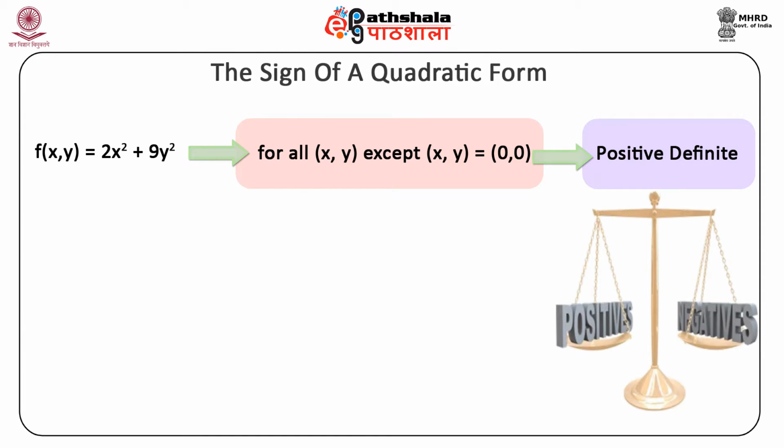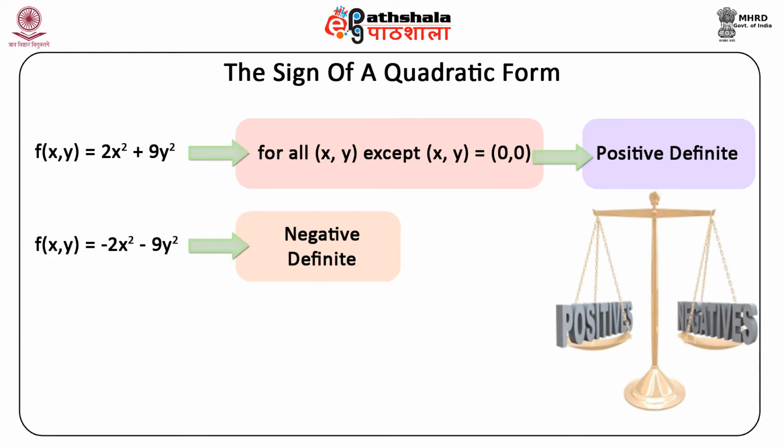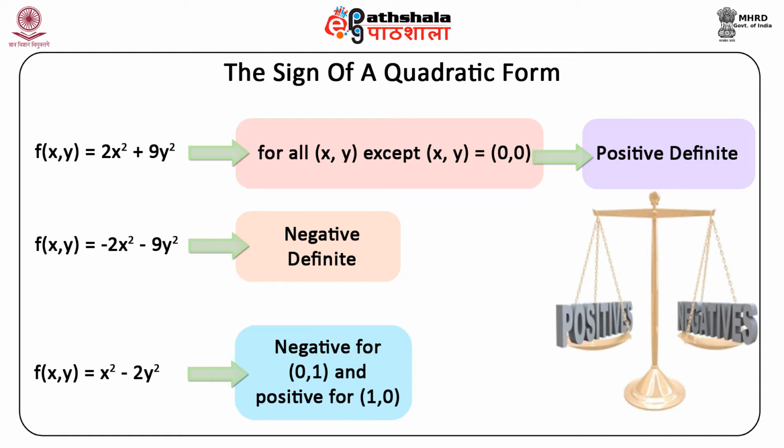By the same logic, f(x,y) is equal to minus 2x square minus 9y square is negative definite. f(x,y) is equal to x square minus 2y square is negative at (0,1) and is positive at (1,0). Thus, it is indefinite.